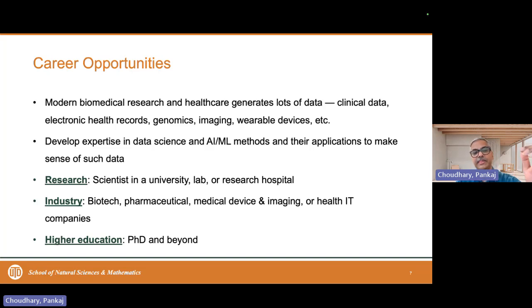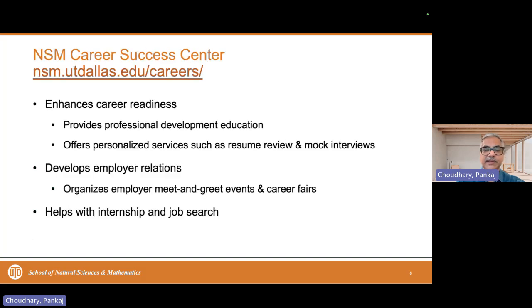Let me put it this way. But through this program, you already have some expertise in these fields. If you marry that expertise with strong skills in data science and AI and ML methods, you become very valuable, and it can open up lots of opportunities for pursuing a PhD also. Okay, so these are career opportunities.